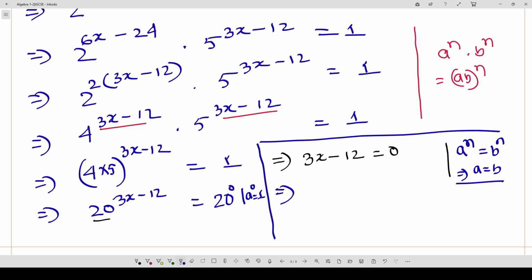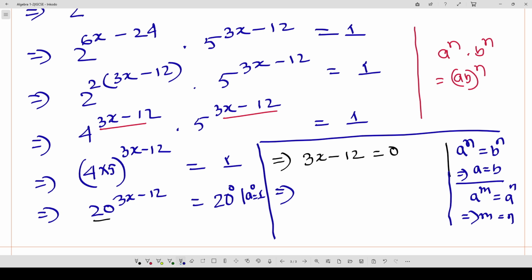Same thing, once a to the power m equals a to the power n, the bases are equal, that means m equals n. So you have to write this kind of side note once you complete your math.